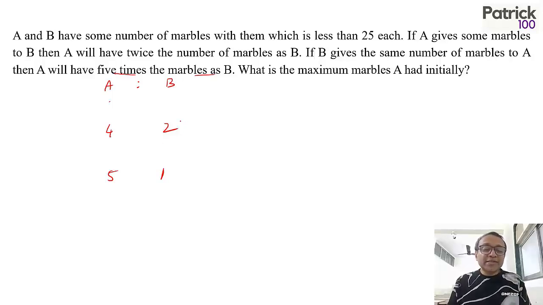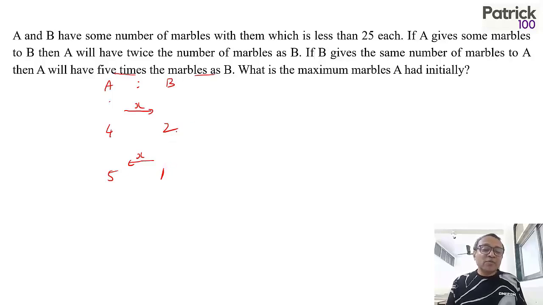Now this comes after A has given some marbles to B, let's say x, and this comes after B has given some marbles to A, let's say x. The difference in the marbles with B is 2x: here he gets x marbles, therefore it is 2, here he gives x marbles, therefore it is 1.